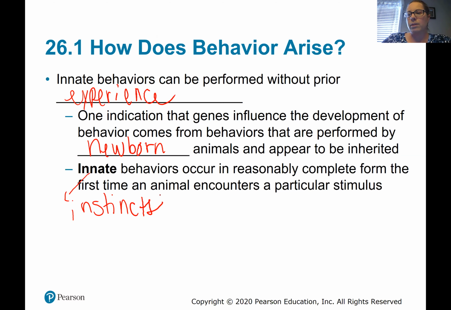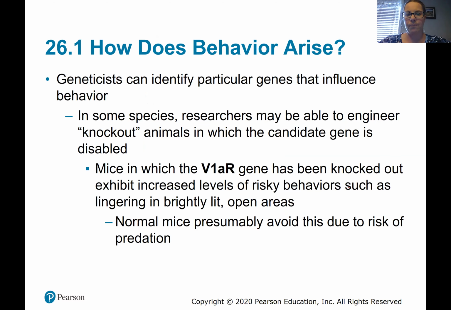Nursing is an example. A newborn foal's instinct is to stand up, and then within a couple of hours, it will begin nursing. Nobody taught it how to do that. Nobody taught the mom how to be a mom. It was just all instinct or innate behavior.